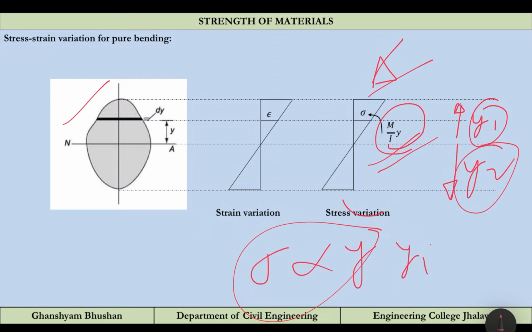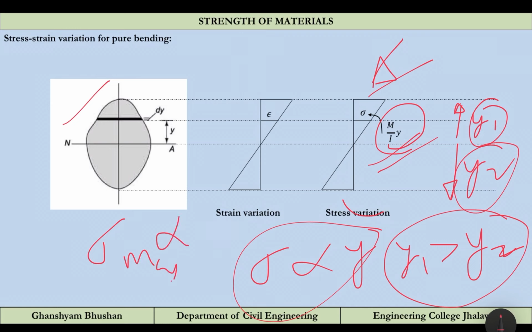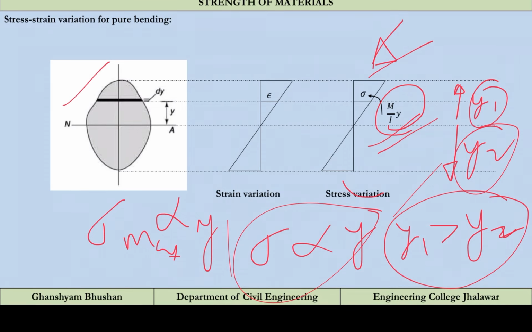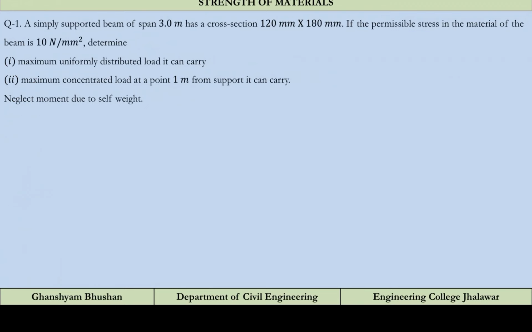But let us say y1 is greater than y2, that means sigma max will be proportional to y1. So you have to take care of these things, and in the coming questions we are going to see how we incorporate these concepts. So let us start with our first problem of this chapter.